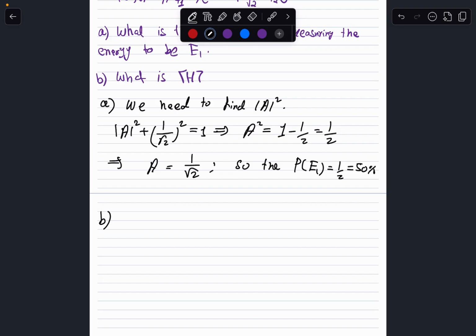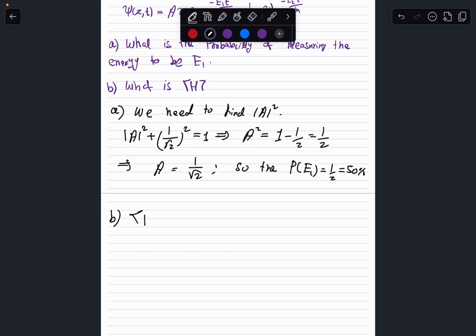B, the expectation value for H is the sum of the probability of Ej times Ej, where j goes from 1 to 2. This is the general formula for it.